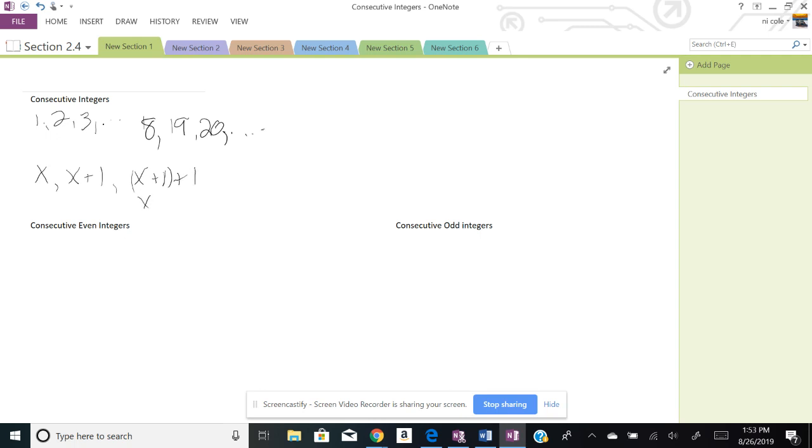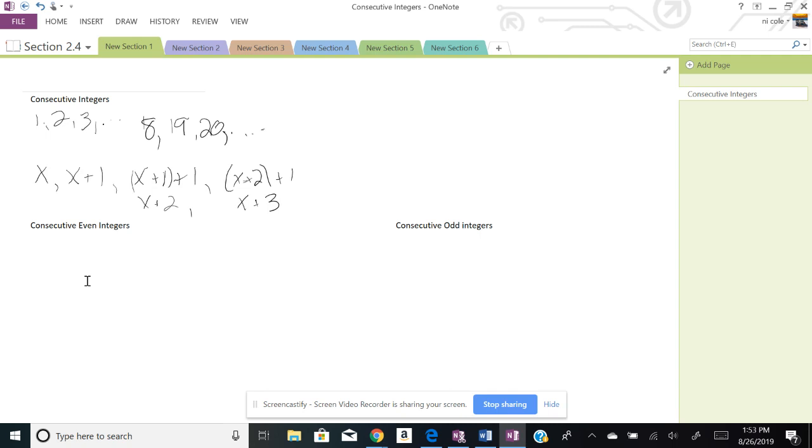Otherwise, you would actually call it x plus 2. And so the fourth one would then be x plus 2 plus 1, or x plus 3. Okay? And so we will go over an example of that pretty soon.